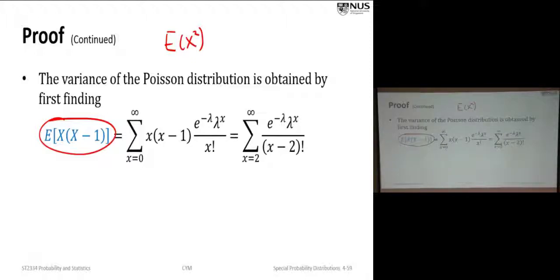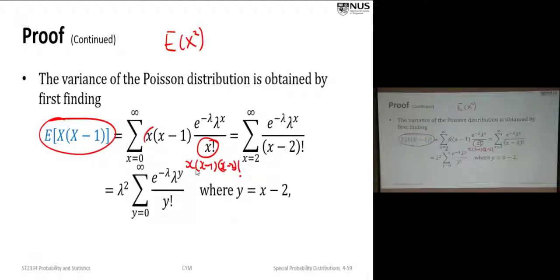The trick is that if you use x squared, you cannot do cancellation. But here I can write this x factorial as x times x minus 1 times x minus 2 factorial. So this x and x minus 1 cancel out. If you compute x squared, then you cannot do such cancellation.